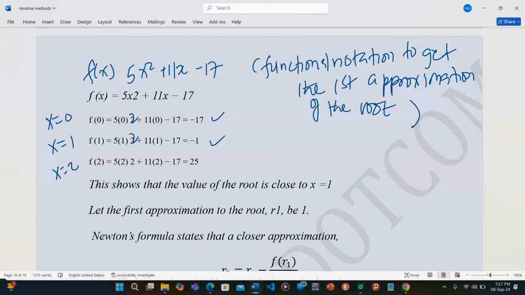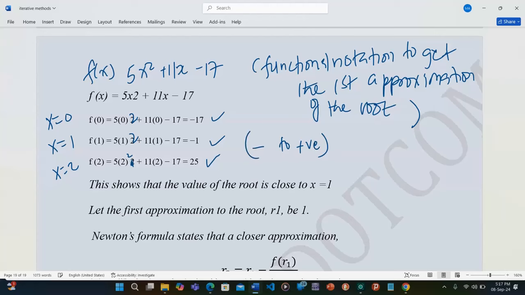This will be 5 times 2 squared plus 11 into 2 minus 17. And we are getting 25.